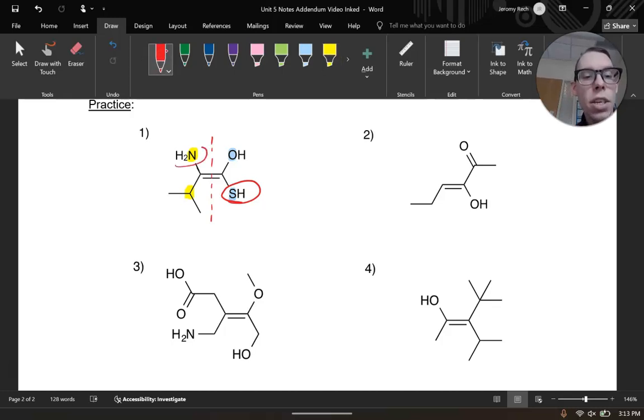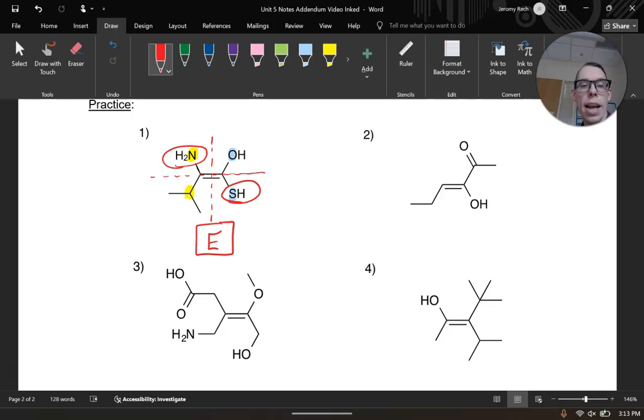There, our nitrogen is going to win out because nitrogen has a higher number than carbon in terms of the periodic table. If we then use our double bond as another line here, we see that our nitrogen, which has higher priority on the left, and our sulfur, which has higher priority on the right, are on opposite sides. They're in different quadrants, and that gives us E as our description for this double bond.